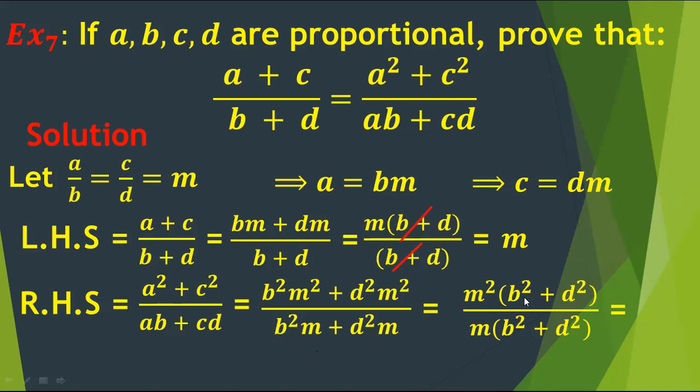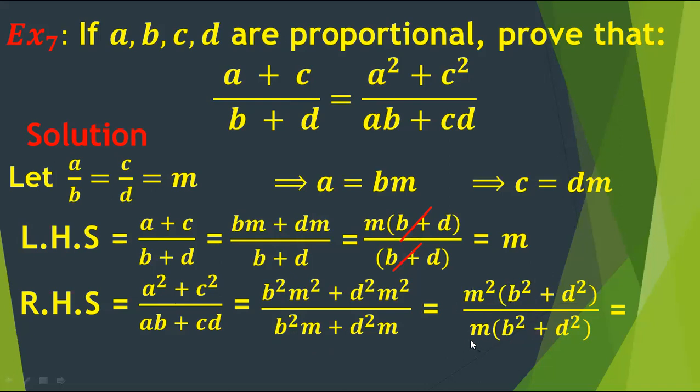This bracket is multiplied by M power 2, and this bracket is multiplied by M. Don't forget that we can cancel the brackets if they are multiplied by the other factors. Then we cancel this bracket with this bracket.